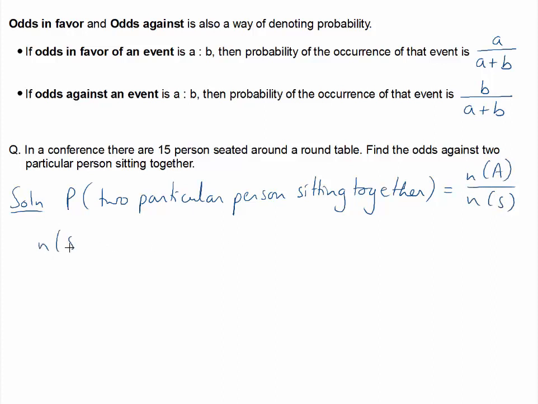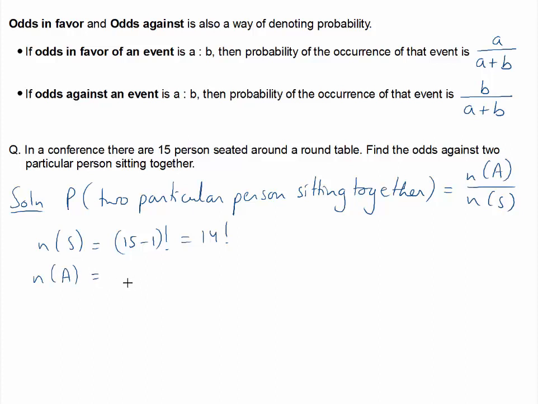Now n of S is the number of ways 15 persons can be seated around a round table. So if you recall, this is a circular arrangement, so our answer would be n minus 1 factorial. So 15 minus 1 factorial, which is 14 factorial. Now we don't need to calculate the value of this, we can just leave it here. Now next is finding the number of elements in event A, meaning the favorable number of cases.